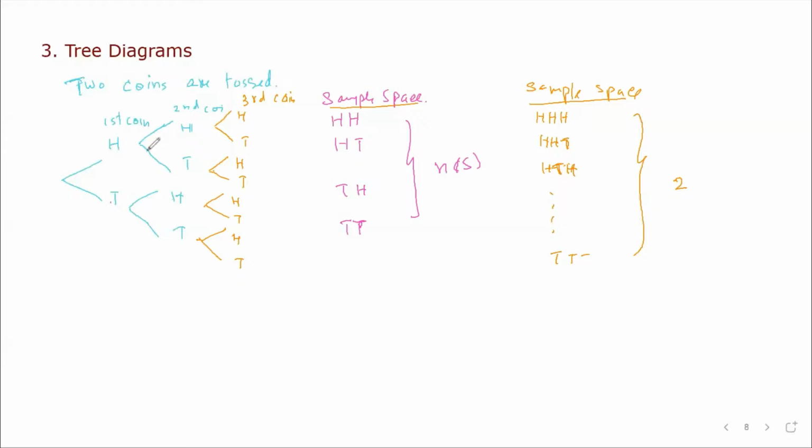And because we have 3 coins, it becomes power 3, like when you did the 2-4 question last time with the counting principle. So the answer should be 8. The sample space, this one is what? NS. This is the NS, the total number of the experiment.